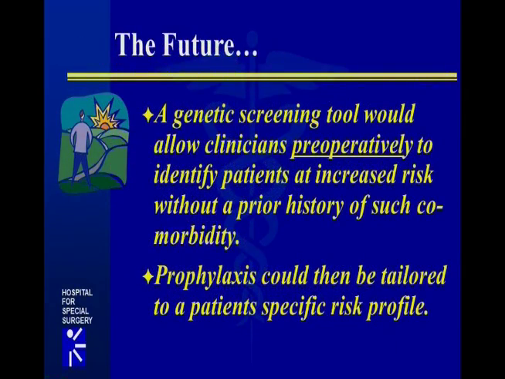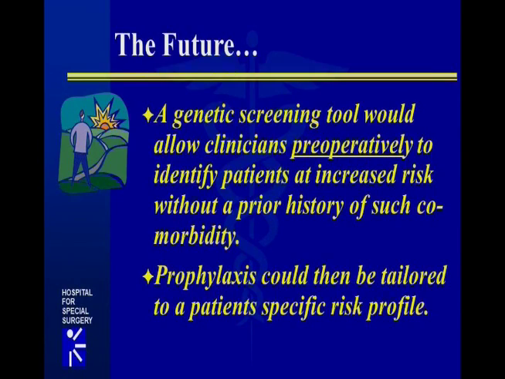The future of thromboembolic disease prophylaxis, in my opinion, is going to be a genetic screening tool that once we have something like this would allow clinicians preoperatively to identify patients at increased risk without a prior history of such comorbidity. Prophylaxis could then be tailored to a patient's specific risk profile.